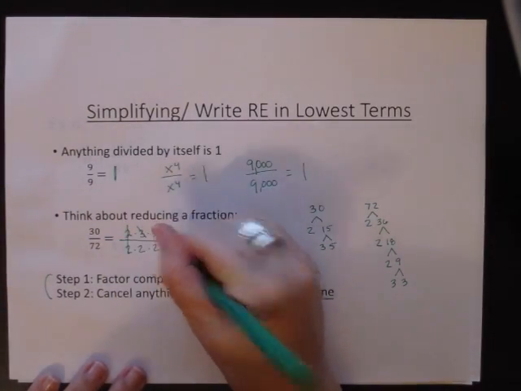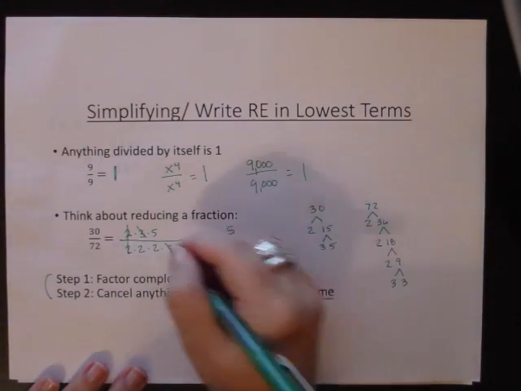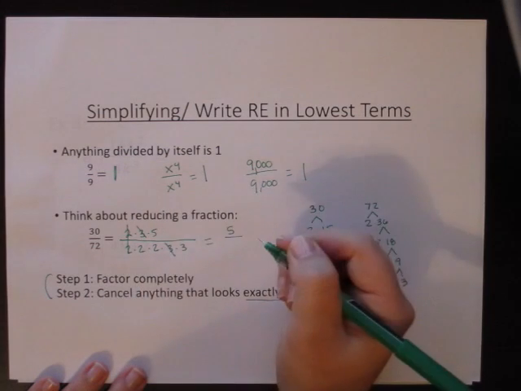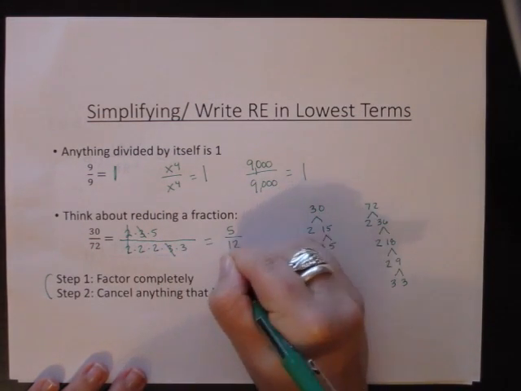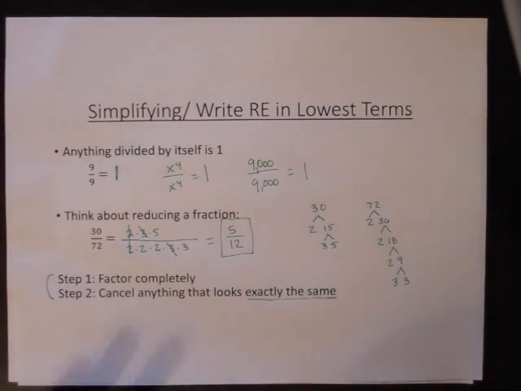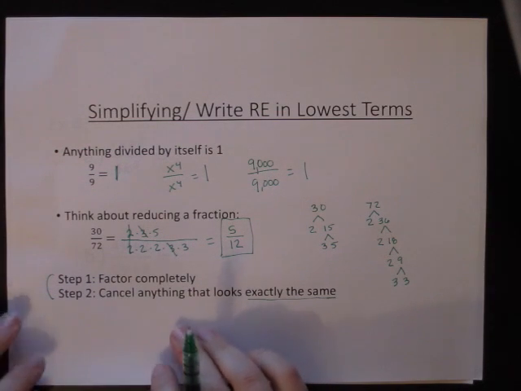One group of 3's is completely the same. So all I'm left with on the top is 5. What I'm left with on the bottom is 2 times 2, which is 4, and then 4 times 3, which is 12. So if you were to plug it in your calculator, it would reduce down to that. If you use your factor tree, you factor it out, then anything that looks exactly the same, you cancel out.